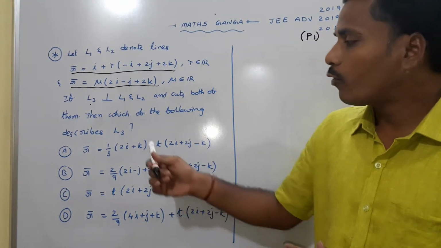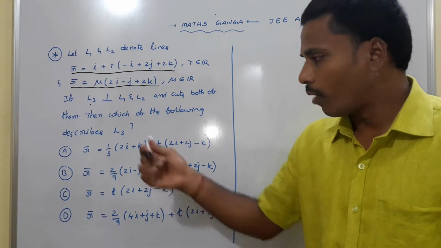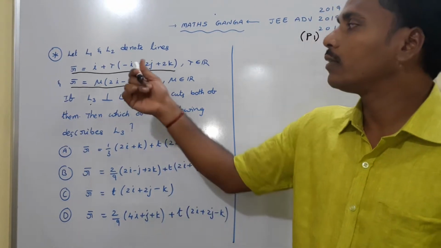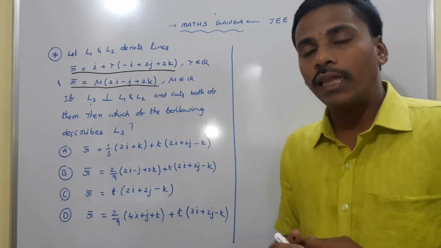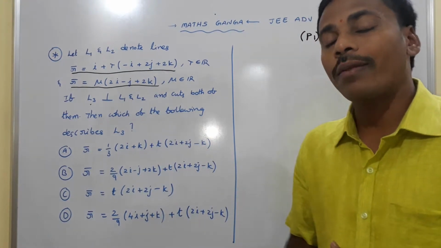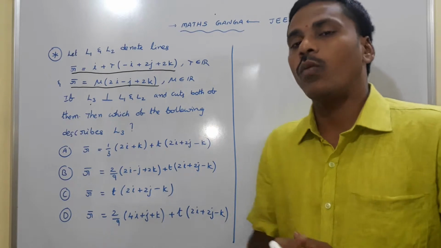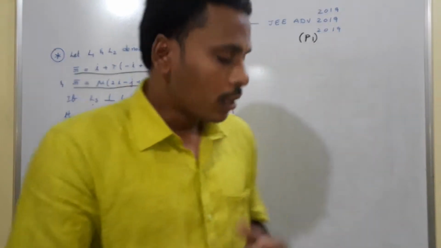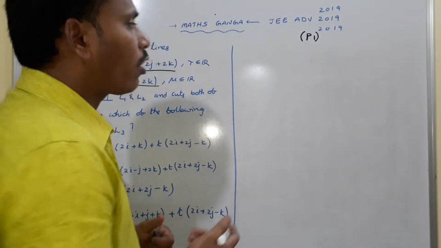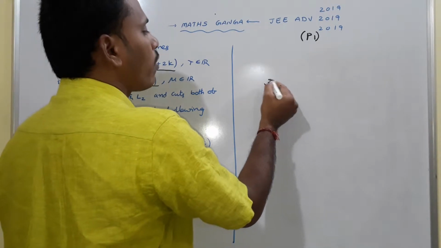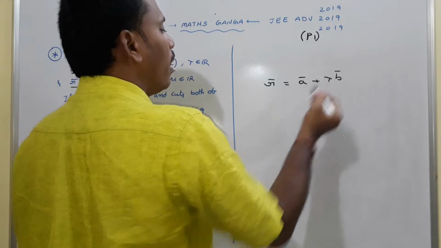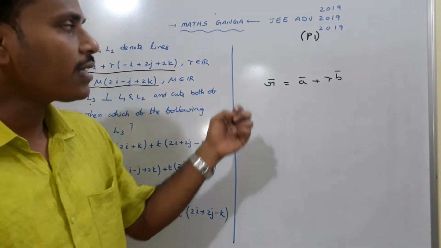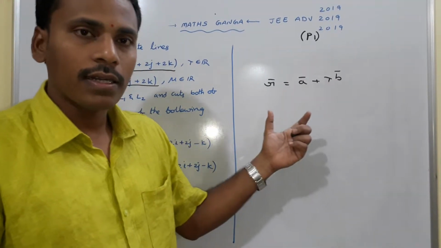We have to describe L3 from the options, and L1 and L2 are given. L1 and L2 as well as L3, these three lines are expressed in vector form. To analyze a line in vector form, its general form is r bar equals a bar plus lambda b bar.